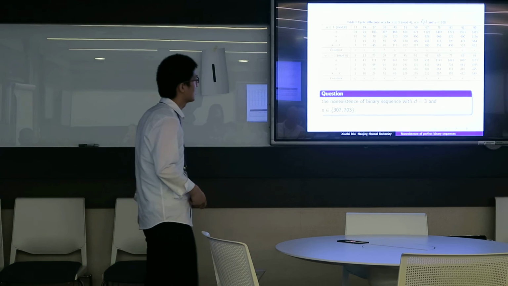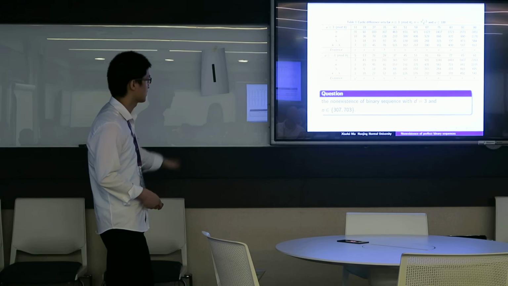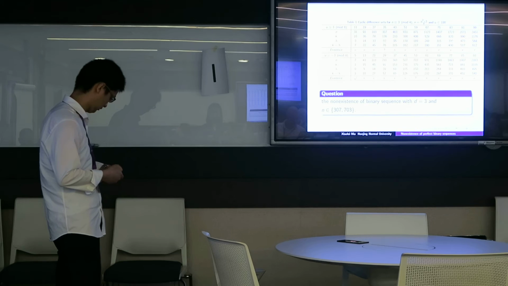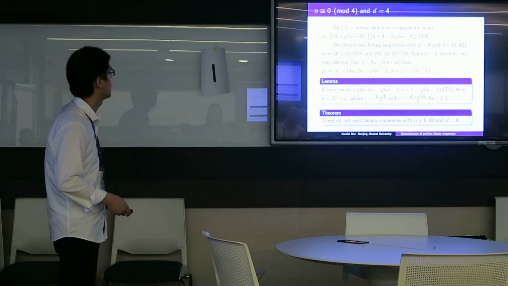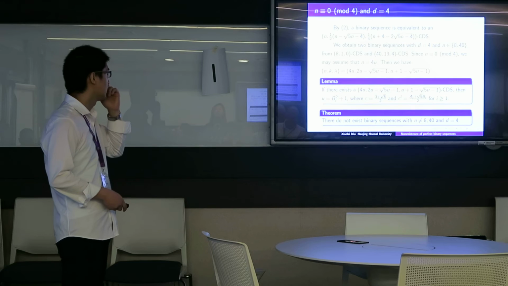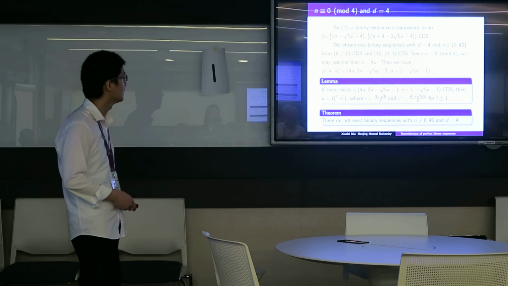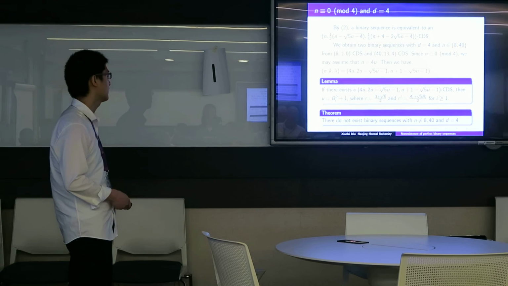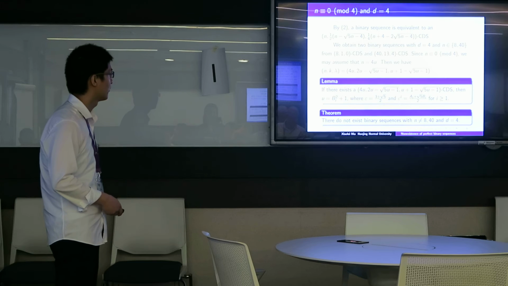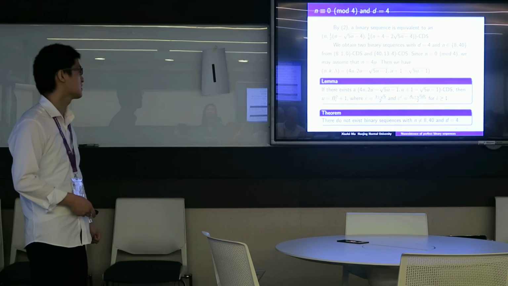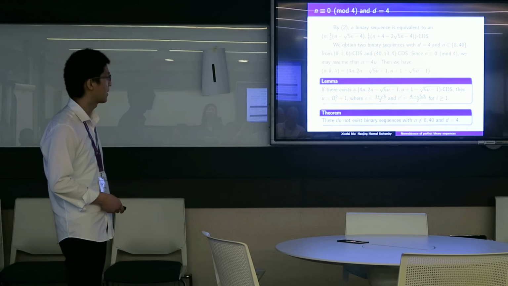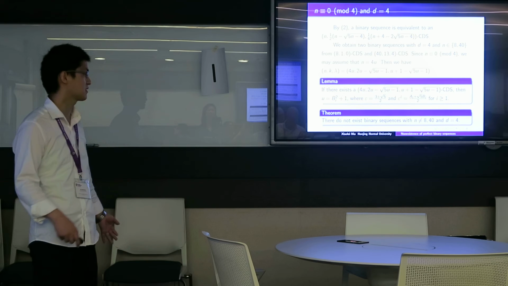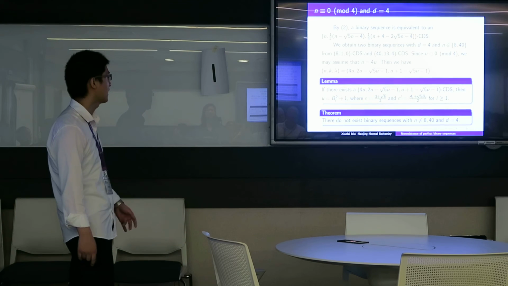For the other case, we use the number theory results. For the case n congruent to 0 mod 4 and d is 4: if d is 0, this CDS is a Hadamard CDS. There are a lot of results about Hadamard CDS, so we consider d is 4.